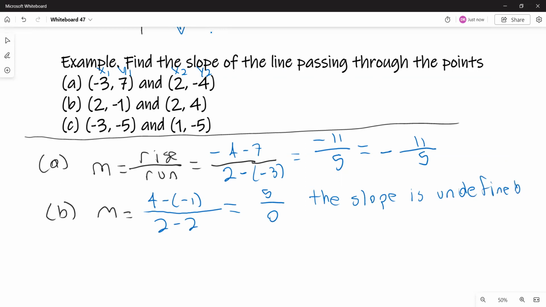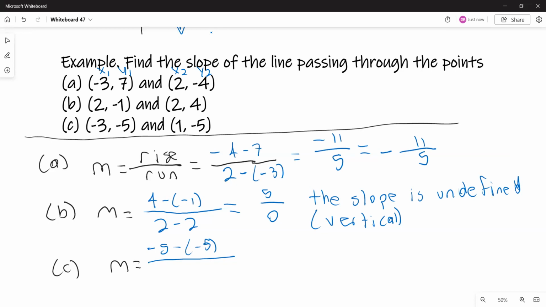This line is going to be vertical. And see, the slope is the vertical displacement. That's going to be -5 minus -5. So same y value.